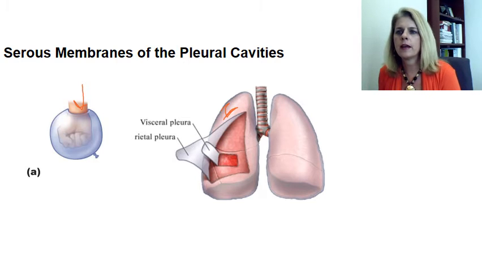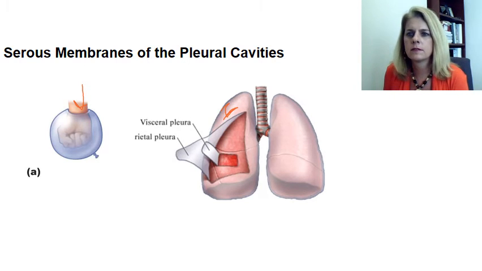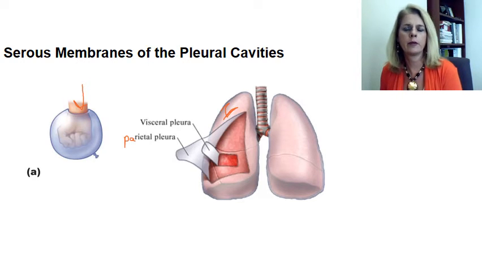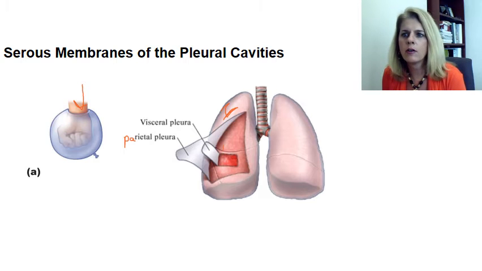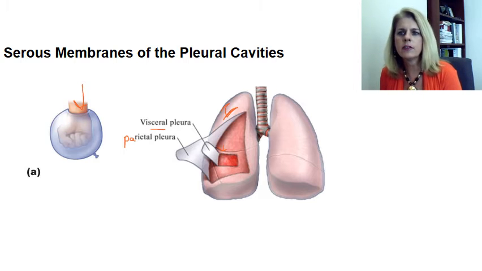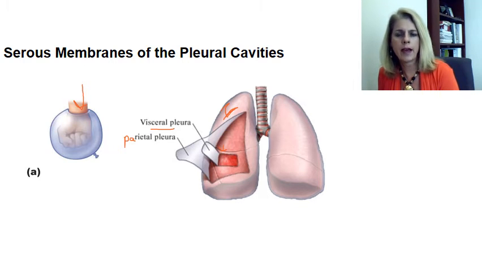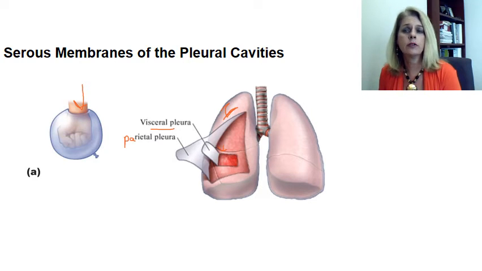And then the membrane that's shrink wrapped right onto the organ itself is the visceral pleura. So parietal pleura around the pleural cavities, visceral pleura on the actual lung, and in between, the pleural space filled with serosal fluid. If you have pleurisy, you have an inflammation of this membrane.